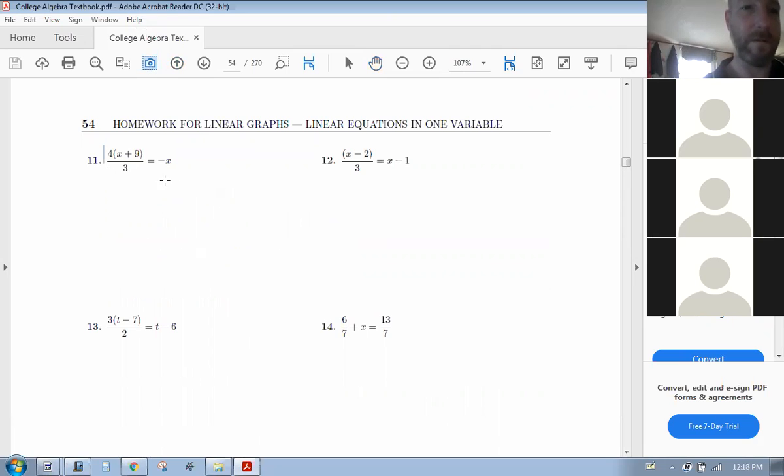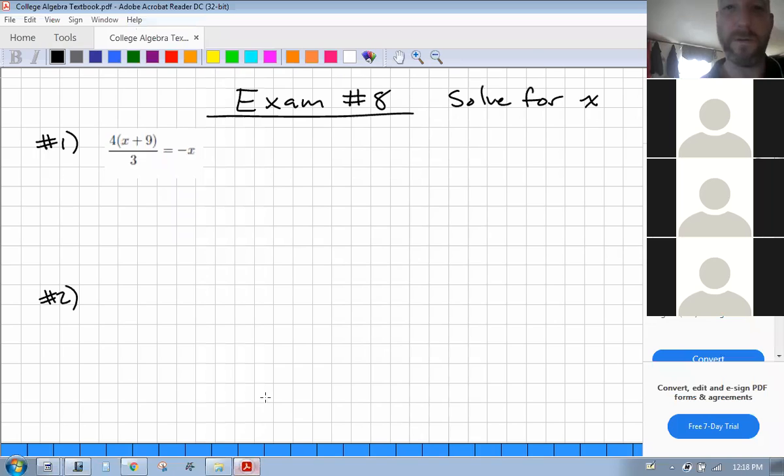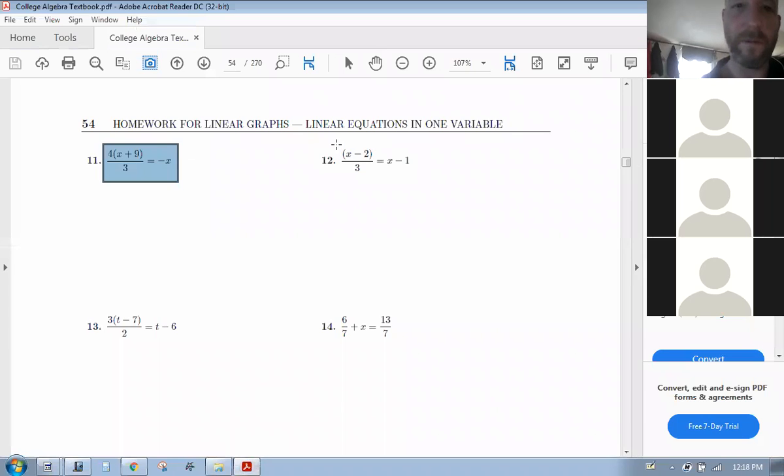This is a good one. 11. Let's do number 1 here. Solve for x. And number 2. This one will work.